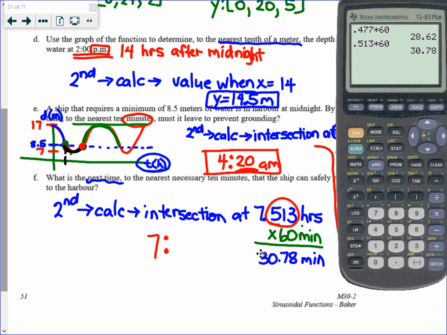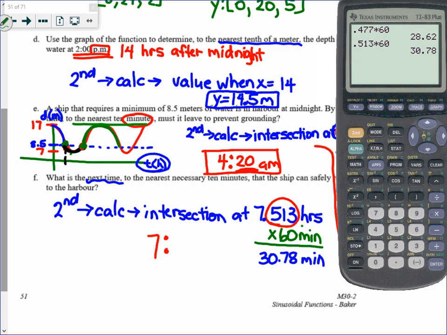Okay, so let's see. 7:30 and a little bit more is this intersection point right here. So the ship can safely enter just past that, right? If this is 30.78, this is 7:30 and a little bit more, it would be grounded.